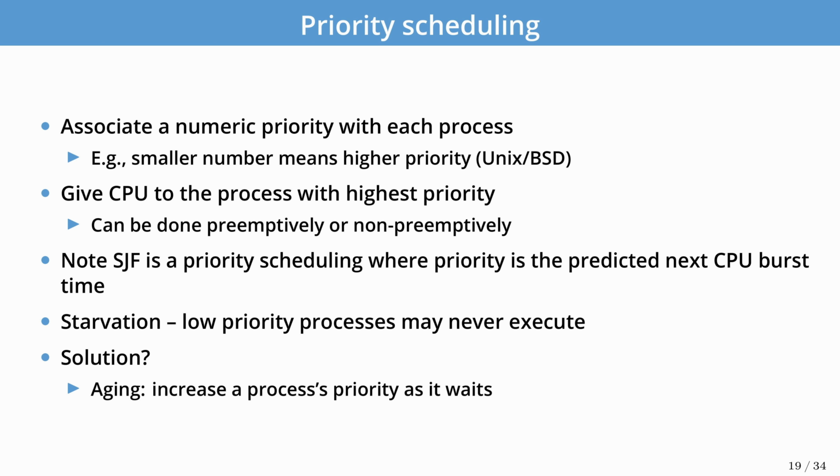The problem with this idea is that there can be starvation. It might be the case that a low priority process would never execute if a higher priority process is always ready to run. So what's the solution? Well, the solution is some form of aging.